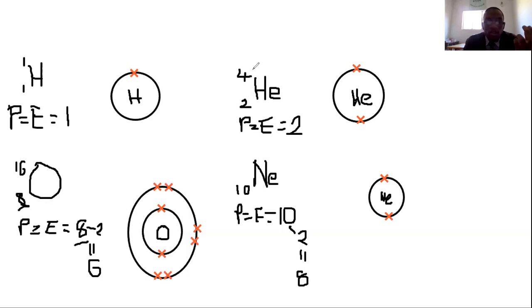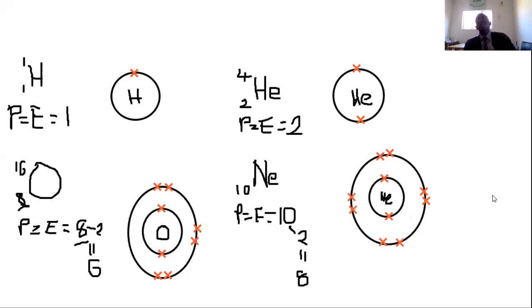Therefore, it's okay to draw the second shell. So in the second shell, that is where we're going to put the remaining 8. 1, 2, 3, 4, 5, 6, 7, 8. And the second shell is full.